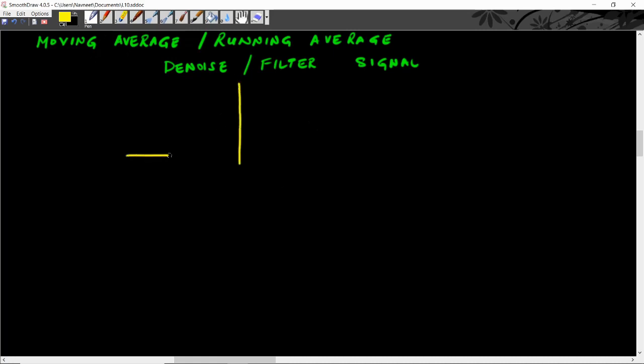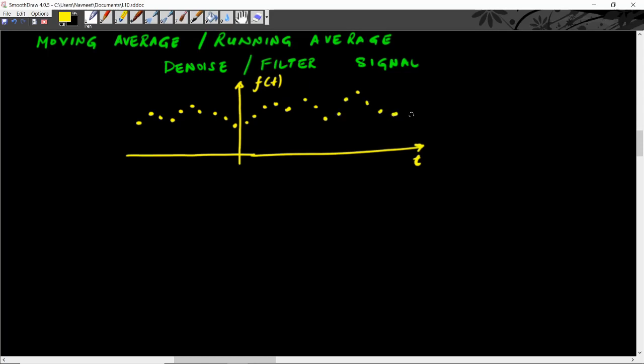So the idea is that imagine that you have the signal at particular points. In practice, we'll have signal at discrete times. Then the basic version of a moving average is that instead of using this value of the function, you take the value of the function at the neighboring times.